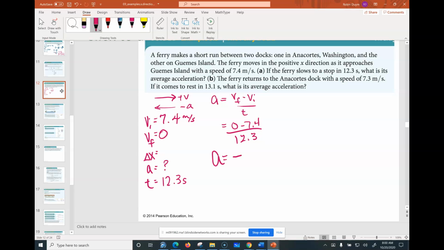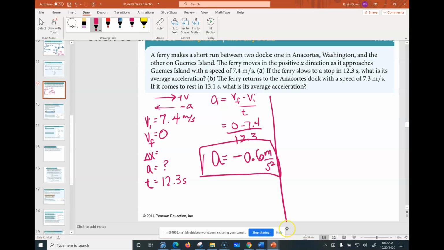Negative point... What'd you get, Paige? 0.6 meters per second squared. So every second he's only decreasing his speed by less than a meter per second. And look at that negative. That's beautiful. That's exactly what we anticipated.